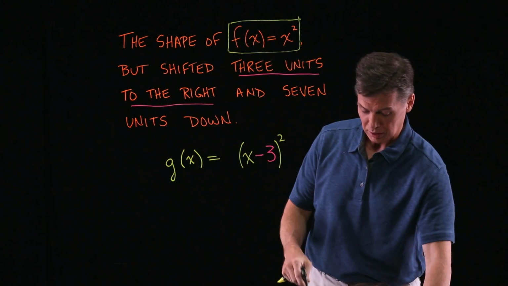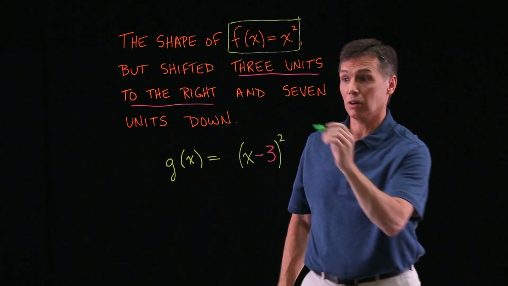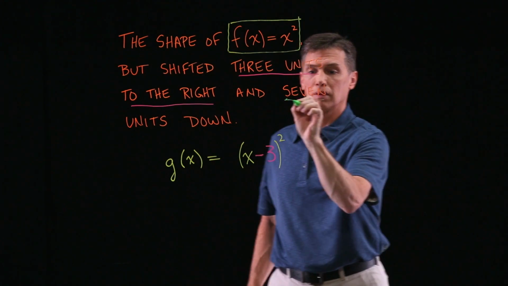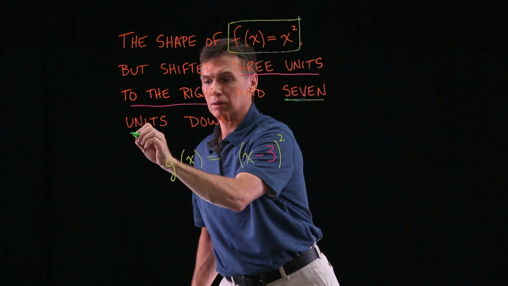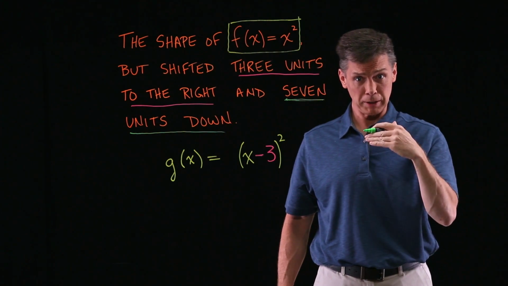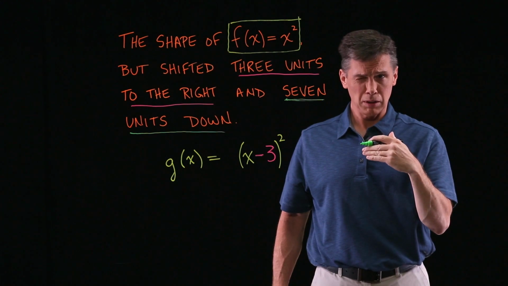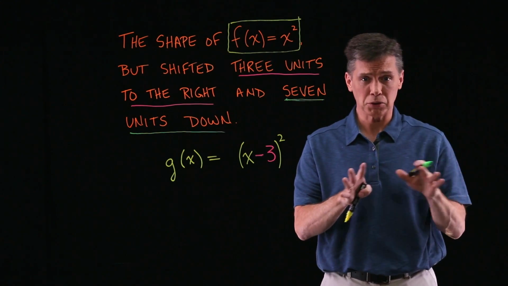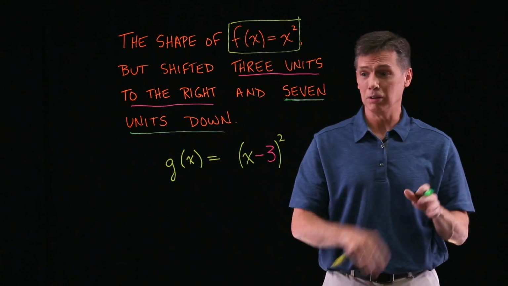The next thing I see is that it does say it's also shifted 7 units down, right? So a vertical shift, right? Now you want to be thinking vertical shifts are represented outside of everything else, so kind of like a tack on or tag along.